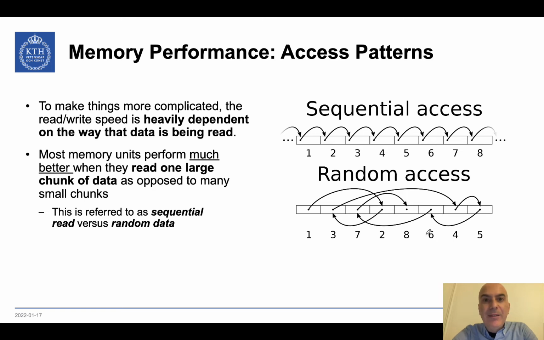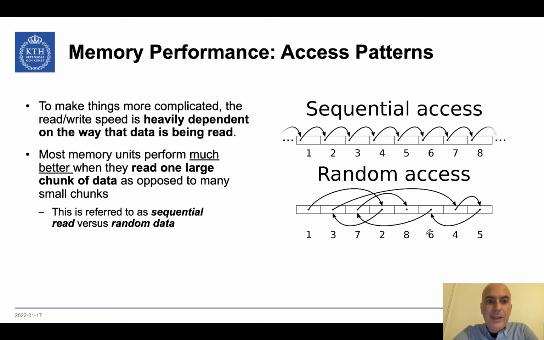To make things a little bit more complicated, it turns out that the bandwidth and the latency really depend on the way that the data is being read or written.